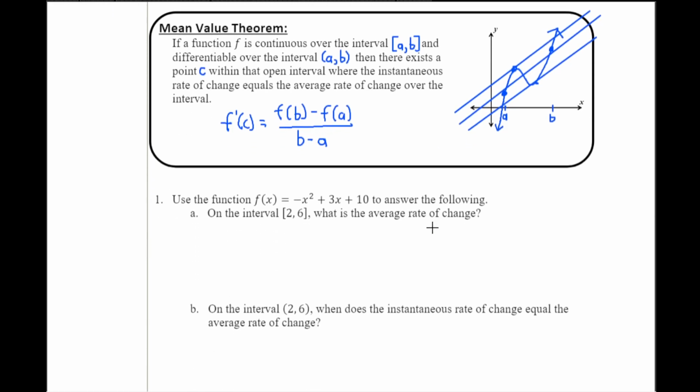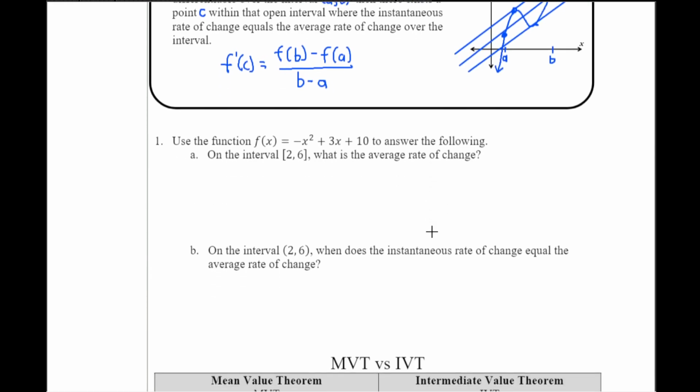So let's do some practice questions here. Use the function f of x is equal to negative x squared plus 3x plus 10 to answer the following. On the interval 2 to 6, what is the average rate of change? They're just asking for the average rate of change. So that's just f of 6 minus f of 2 over 6 minus 2.